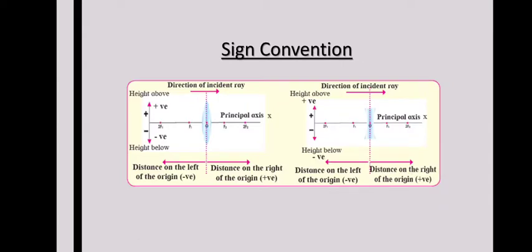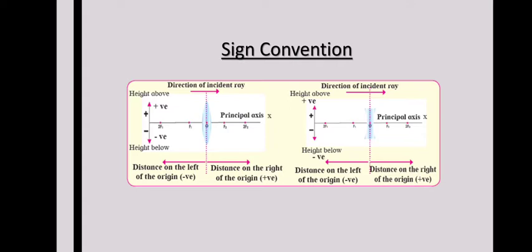Now, this you have already studied in 9th standard, sign conventions, right? For the principal axis, how you are going to put up the sign. On the principal axis there is optical center O. On the left hand side the first point is F1, then the second principal focus will be 2F1, and on the principal axis you will see F2 and 2F2.